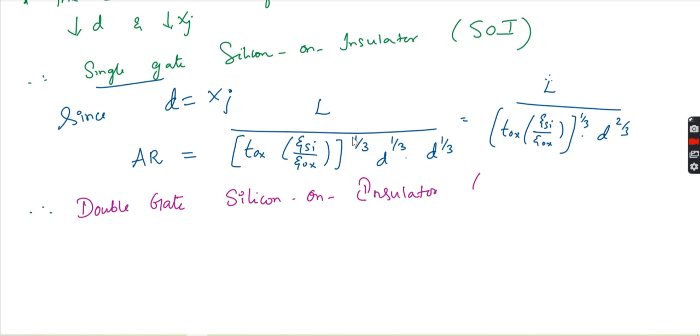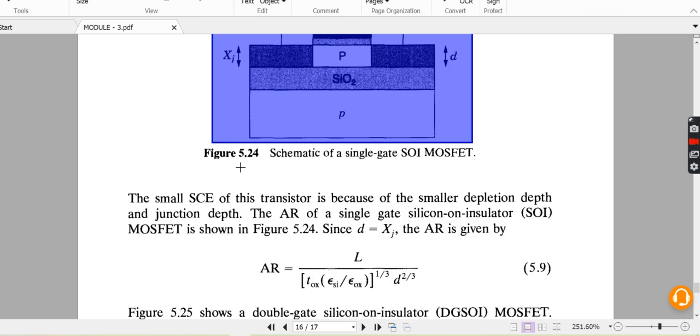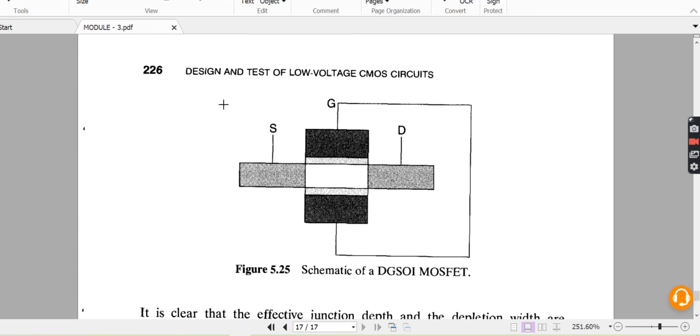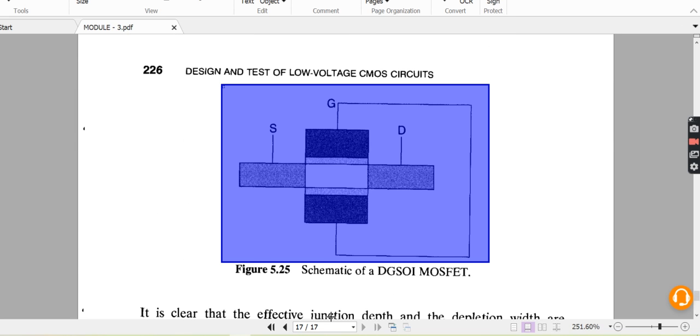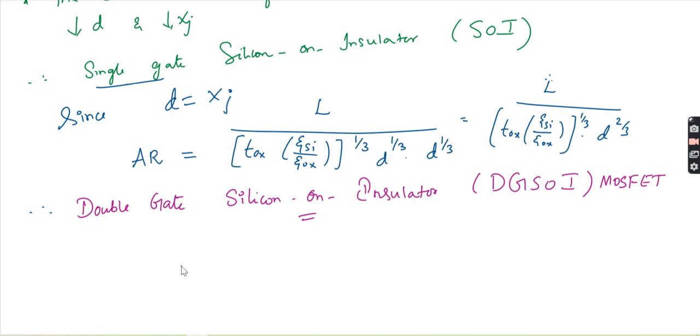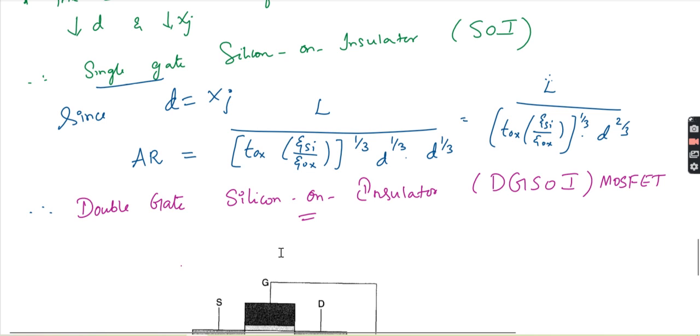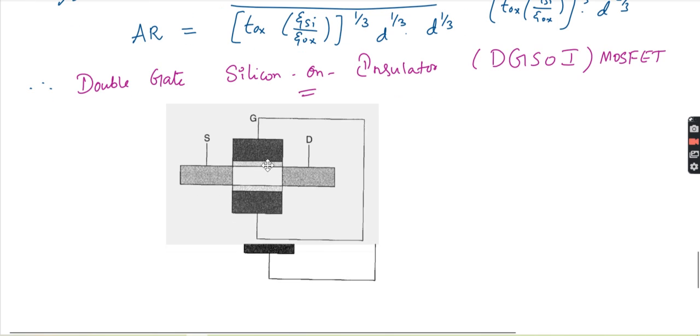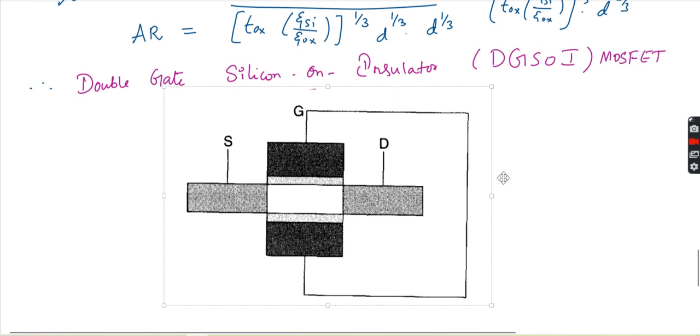In short, we can call it DGSOI MOSFET. For that diagram you can see this is a double gate.